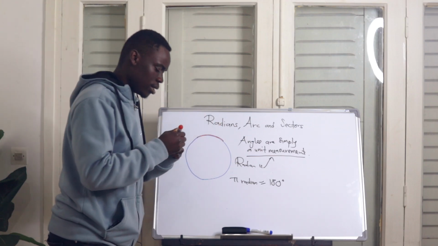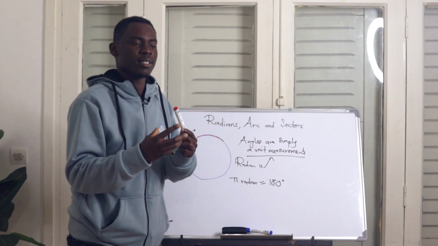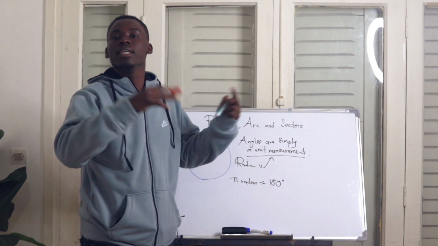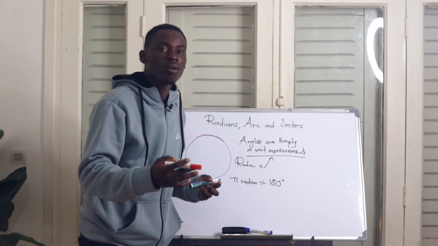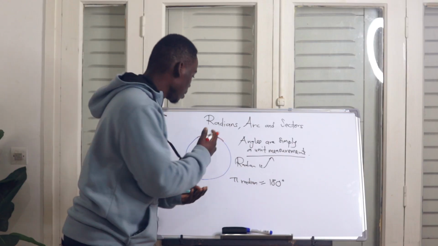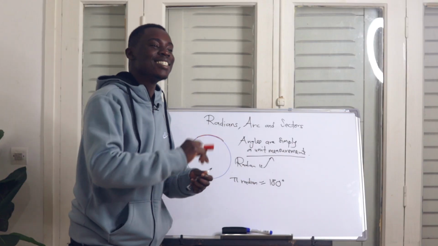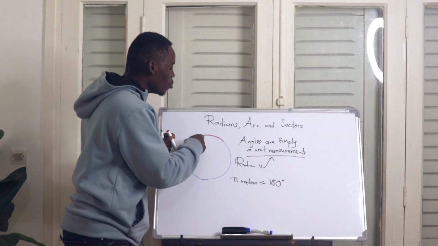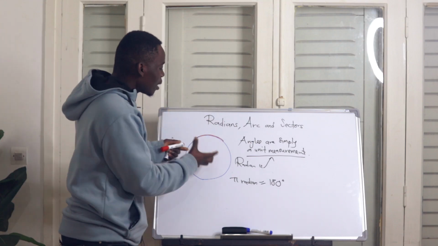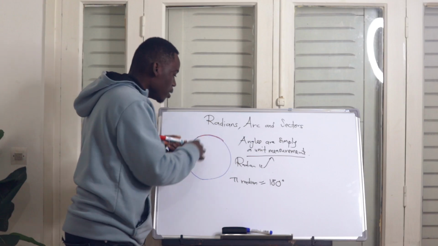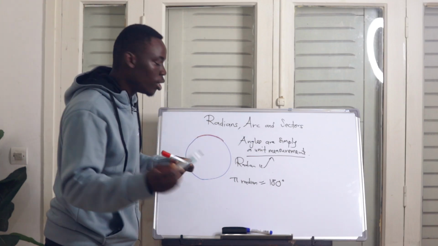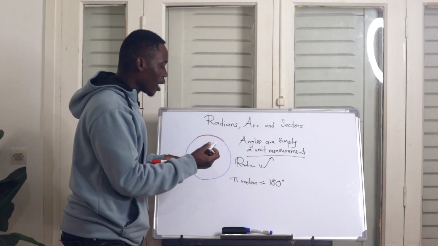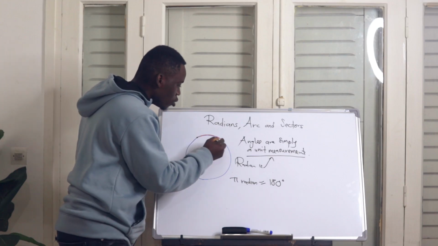Circumference is the distance around a given shape, be it a rectangle, a triangle, or a circle in our case. Now, an arc is part of this circle. So how do you calculate the distance of an arc from one point to another?